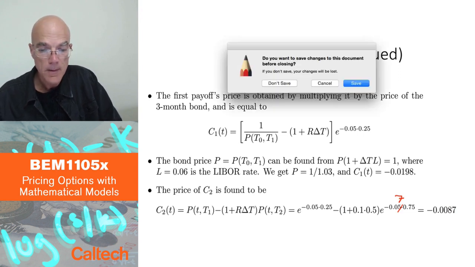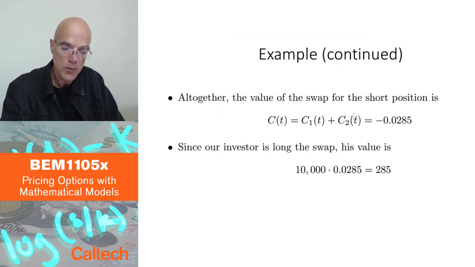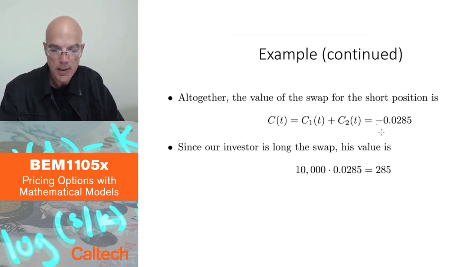And then if we go here and add up those two values, you get a number which is negative. And finally, I think this was for the long position, and our investor is short the swap. So his value is, there was 10,000, and it was the nominal value.